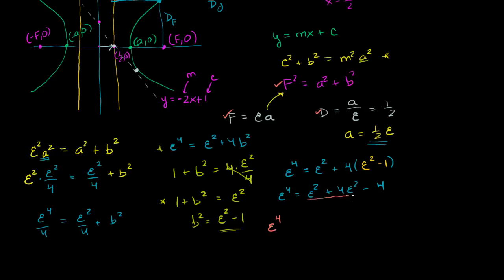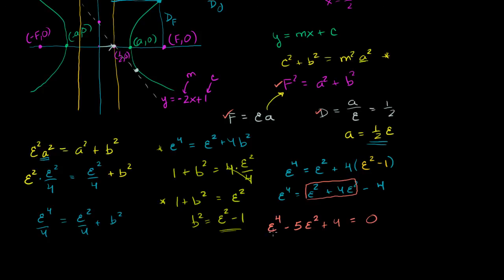These two over here, actually, let me merge them. This is 1 times eccentricity squared plus 4 times eccentricity squared. So this is 5 times the eccentricity squared. We're going to subtract it from the other side, so it becomes minus 5 times the eccentricity squared. And then we're going to add 4 to both sides, so plus 4 is equal to 0.